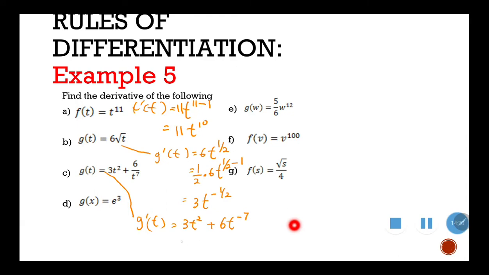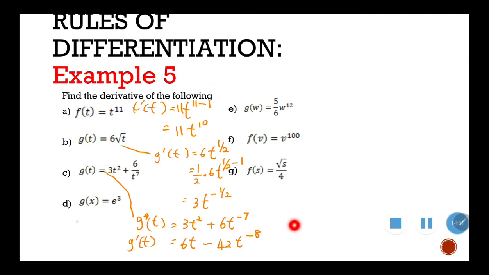This is not the differentiation yet. Okay, now we differentiate it. 6t to the power of minus 7: minus 7 times 6 is minus 42, and t to the power of minus 7 minus 1, you will get minus 8.